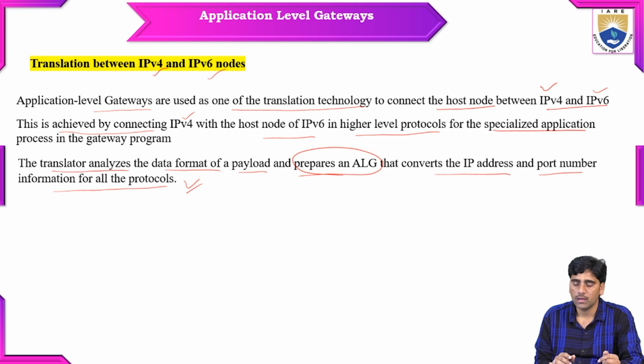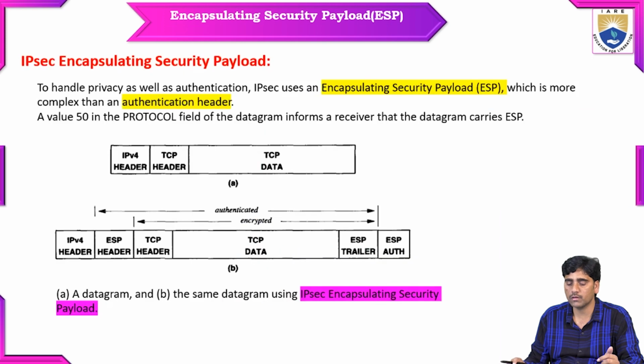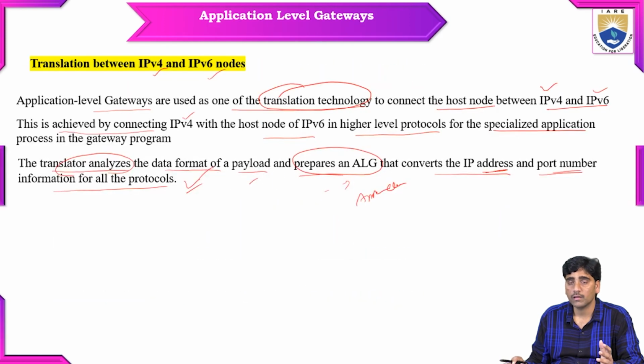So here it is used as a translation technology: the translator analyzes the data format of the payload and prepares application level gateway code that converts the IP address and port number information for all the protocols. So this is the IP address translation between IPv4 and IPv6.